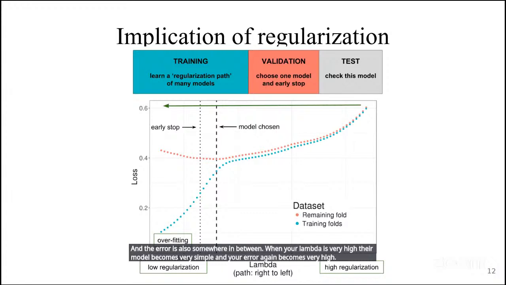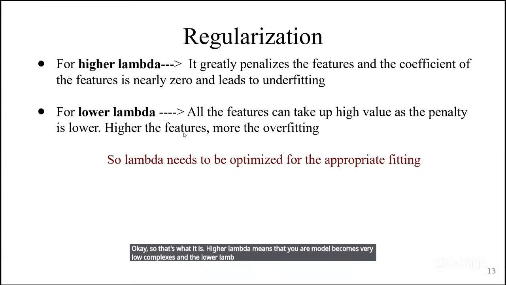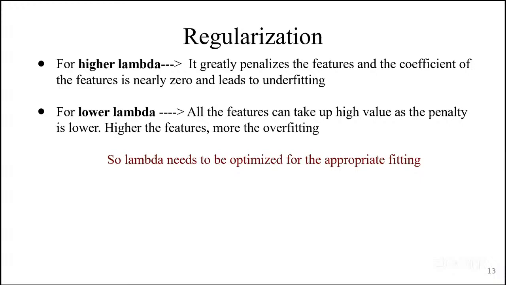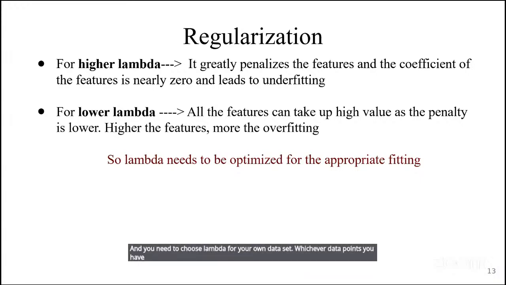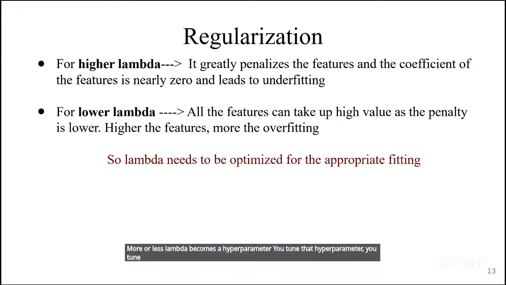Higher lambda means that the model becomes low complexity, and the lower lambda means your model becomes highly complex. And you need to choose lambda for your own data set. Whichever data points you have, lambda becomes a hyperparameter. You tune that hyperparameter, you tune that lambda value appropriately for your own data points.